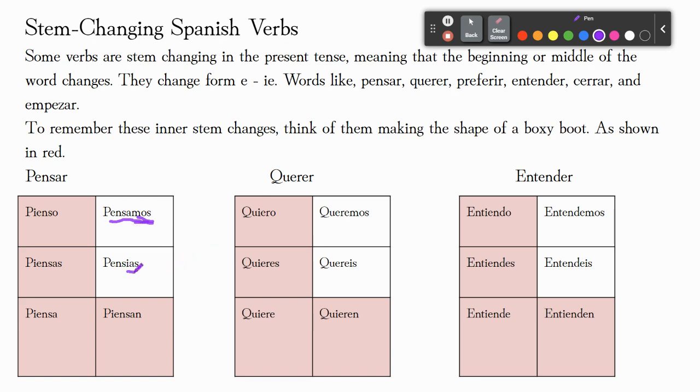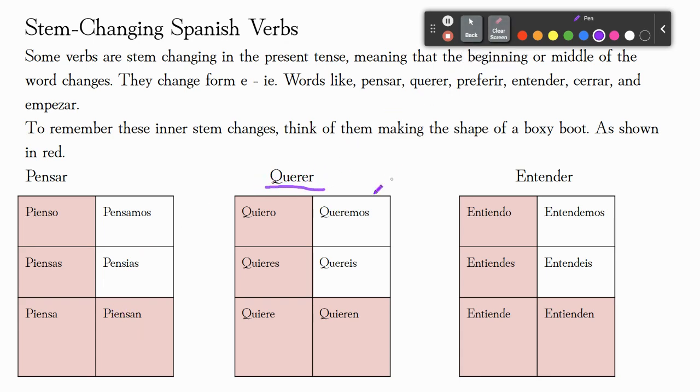Then the vosotros form ends in áis, just like an AR ending. And then the ellos, ellas, ustedes form is piensan, which changes. Because it's an AR verb, the endings are pretty much the same. The only thing that changes is this vowel part in the middle.